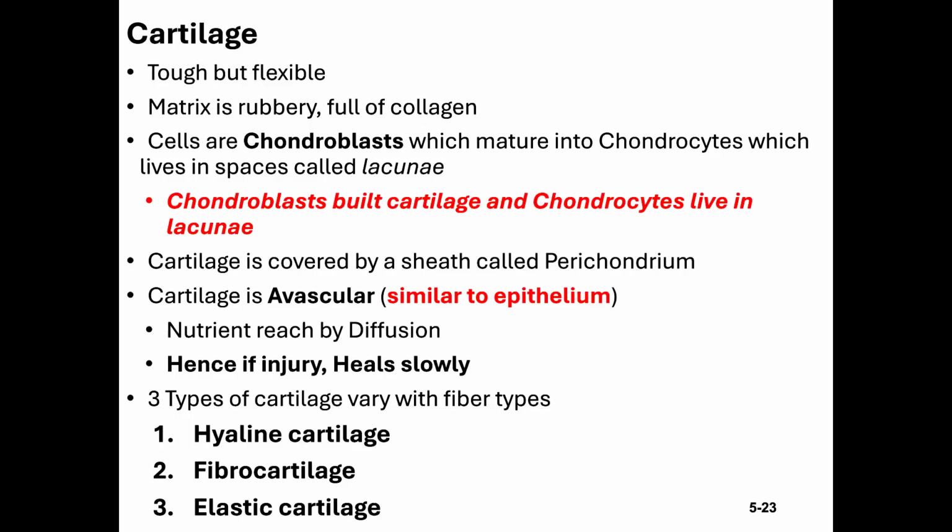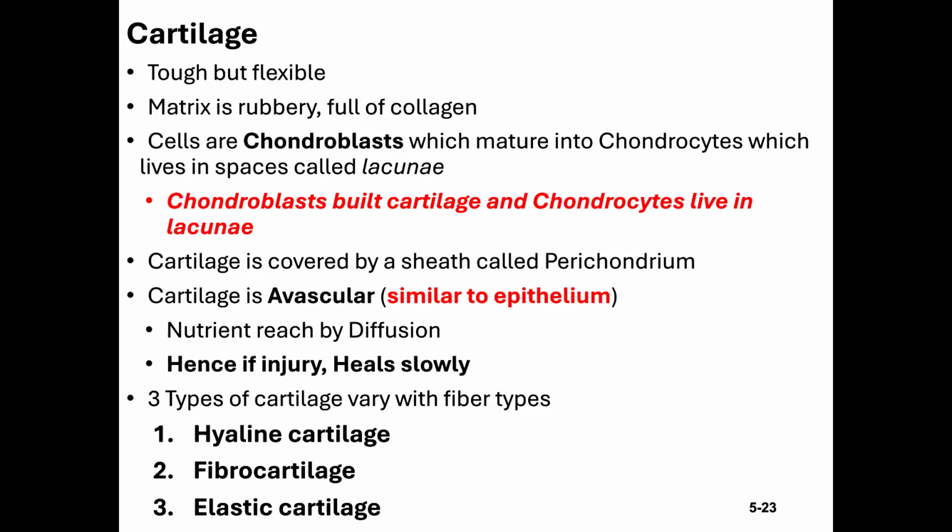But one big problem is that if there's an injury, healing will be slow, especially in cartilage. Cartilage is covered by a layer called perichondrium, and perichondrium contains blood vessels, and from there it has to diffuse into the cartilage.